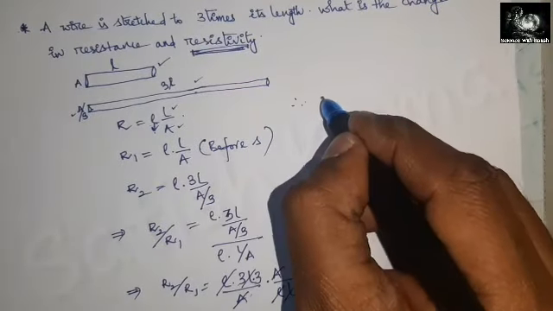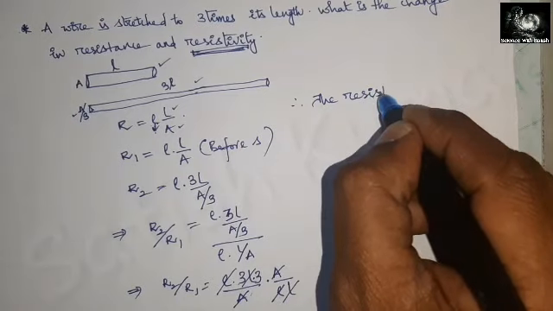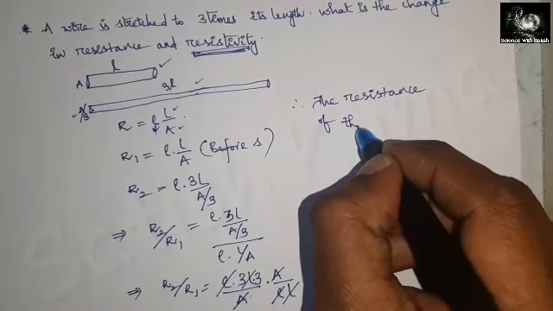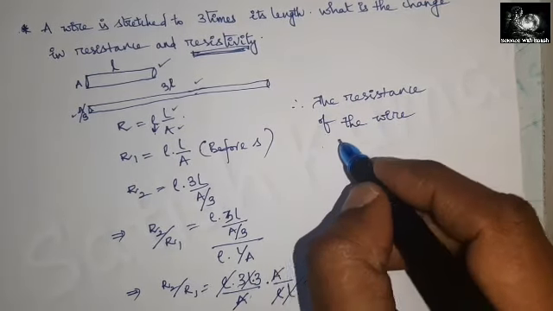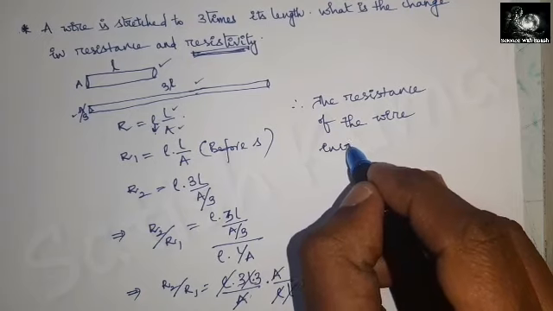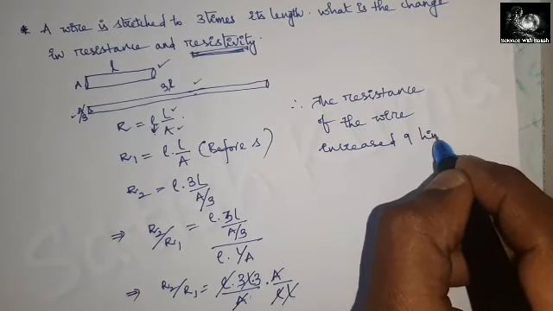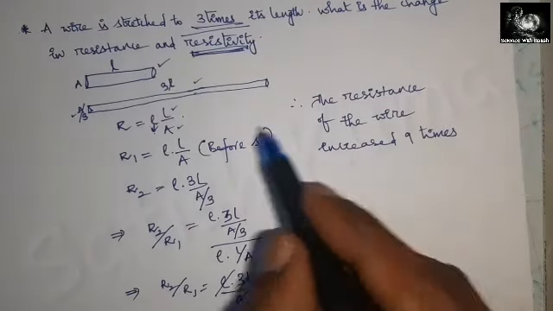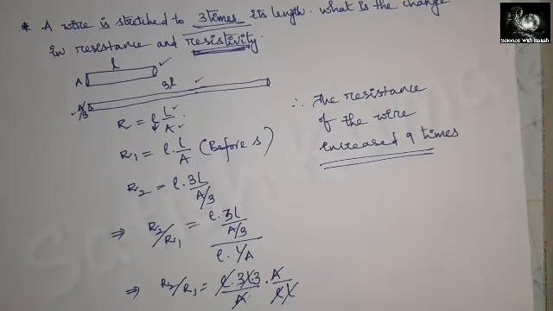Therefore the resistance of the wire increased 9 times. If length is increased thrice, I mean 3 times, then the resistance will be increased 9 times.